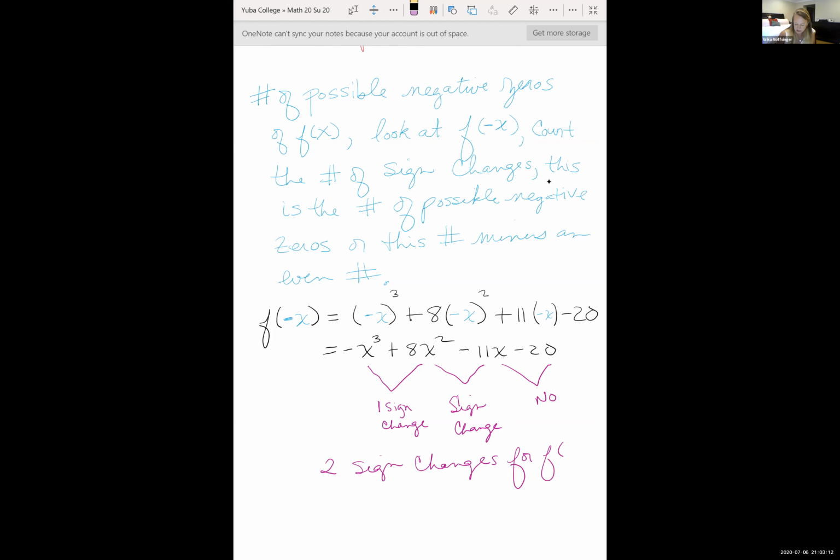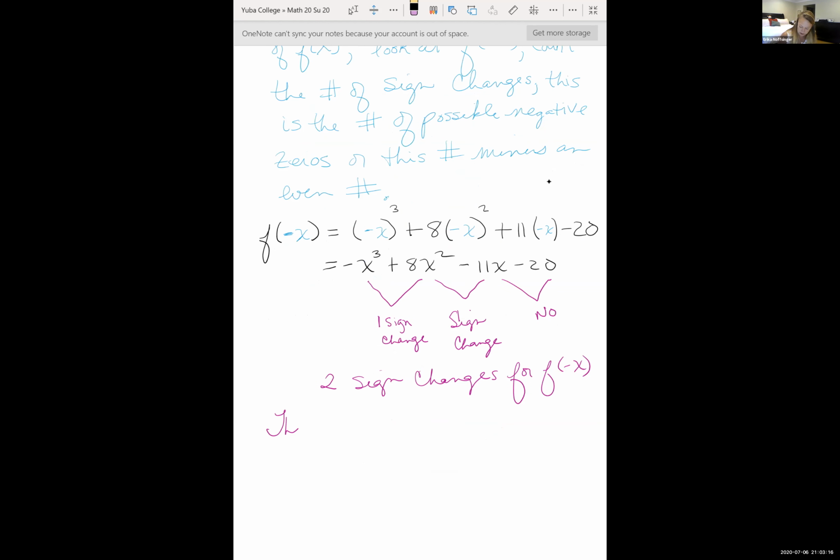So that tells me there are either 2 negative real zeros, or 2 minus an even number.